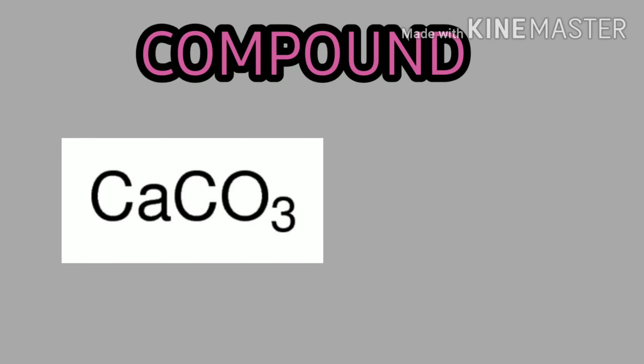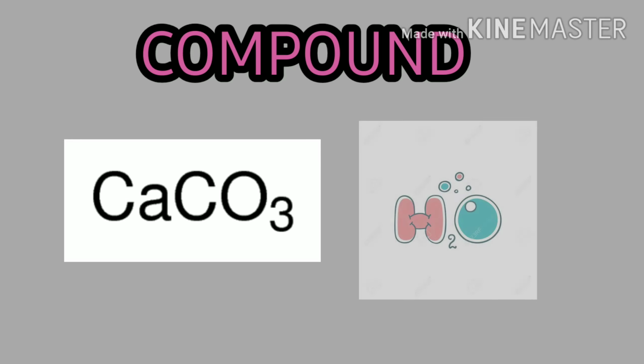That means a compound contains a whole number of atoms of the component elements in a fixed proportion, which is represented by its molecular formula. For example, one molecule of calcium carbonate, that is CaCO3, contains 1 atom of calcium, 1 atom of carbon and 3 atoms of oxygen.